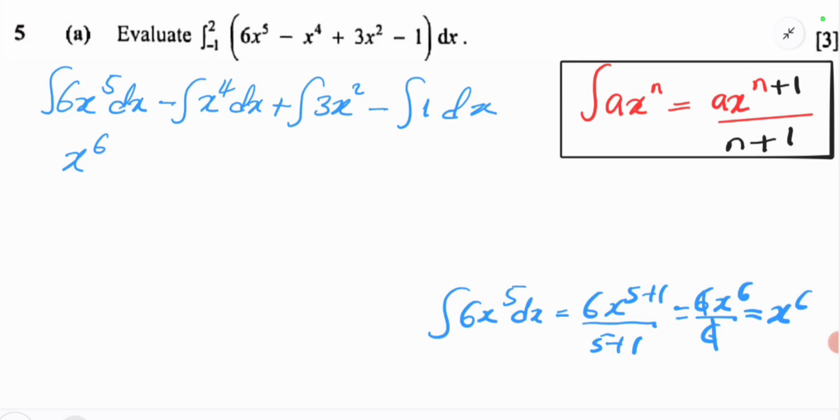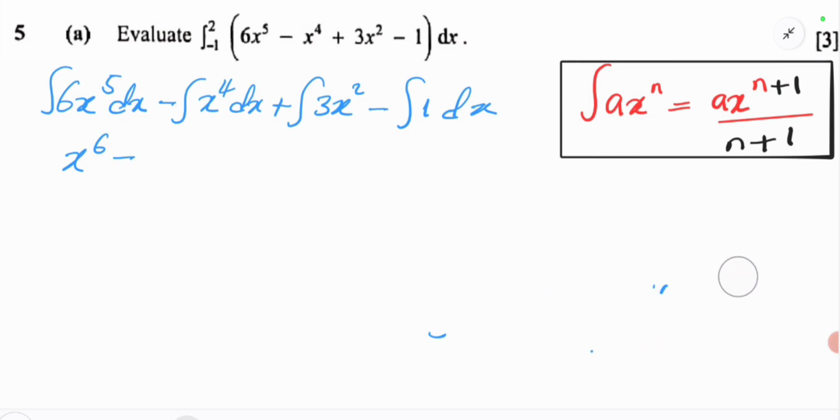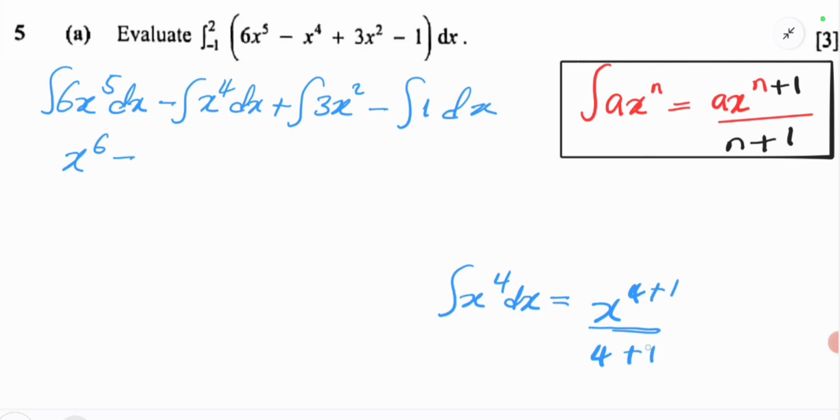I go to the next part now. We have a minus there. I will erase this so that I can write my next part. The next part is the integral of x to the power 4 dx. What I'll do is the same as we did with the first part. I'll say x to the power 4 plus 1, I add 1 to the power, then I divide this whole thing by the new power, which is 4 plus 1.